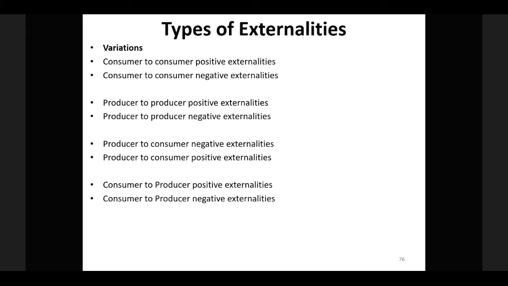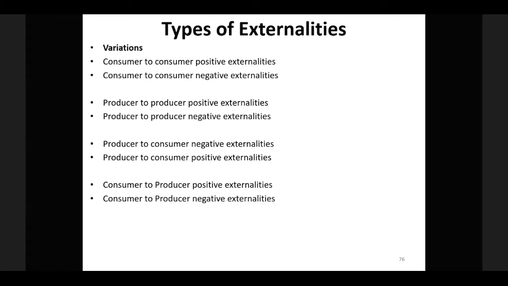We can have producer-to-consumer positive externalities as well, where the production possibilities of a firm incur a positive effect on the consumption possibilities of a consumer. So it's a reverse also. We can have consumer-to-producer positive externalities, and then consumer-to-producer negative externalities as well.